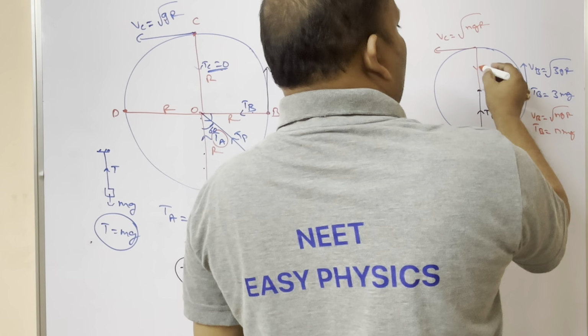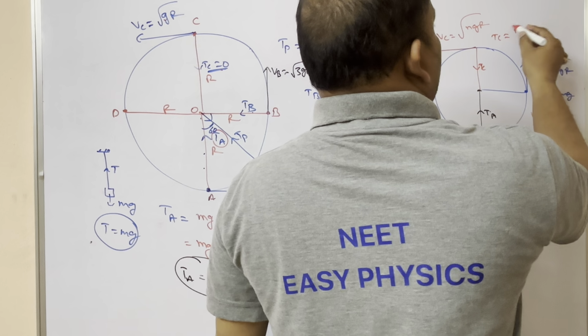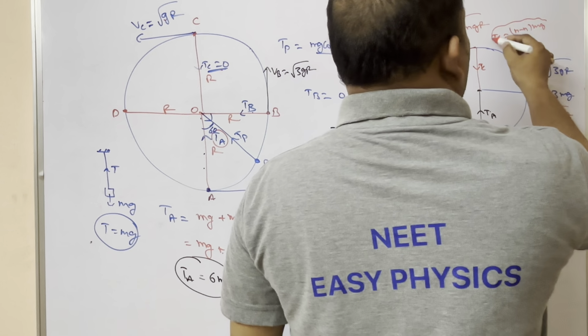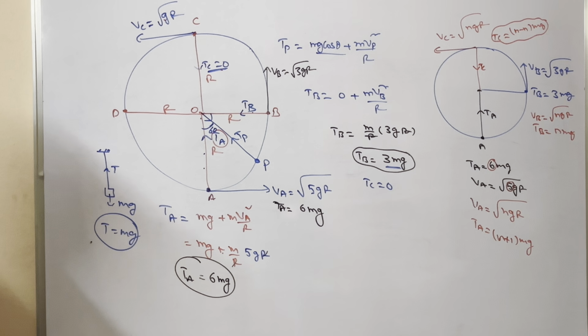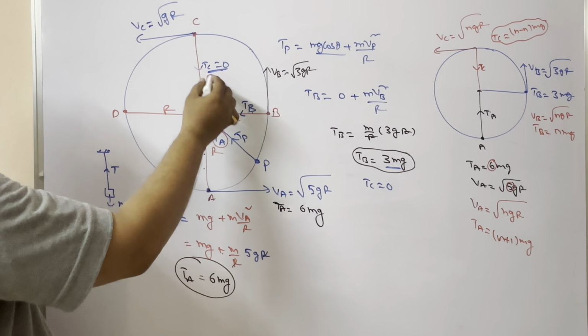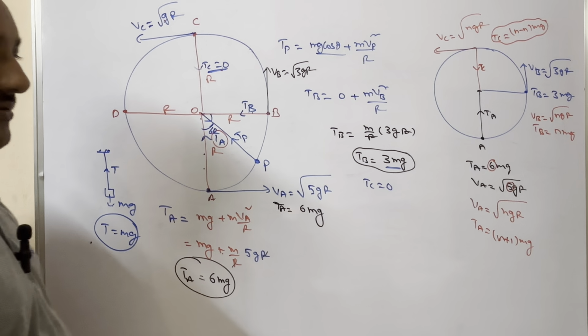Therefore, the tensional force at C is going to be N minus 1 mg. If N is 1 here, then 1 minus 1 mg, which is 0. If it is root NGR, then N minus 1 mg. Like that you have to remember logically.